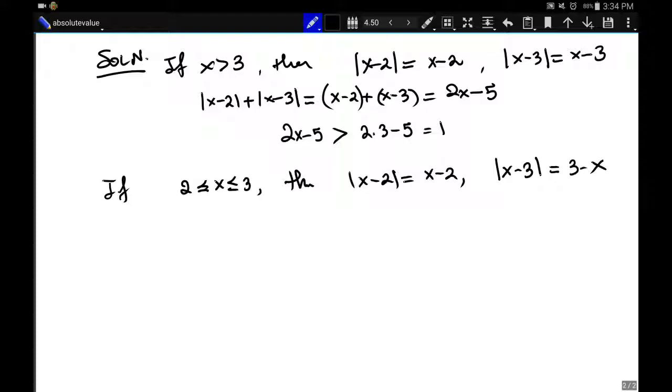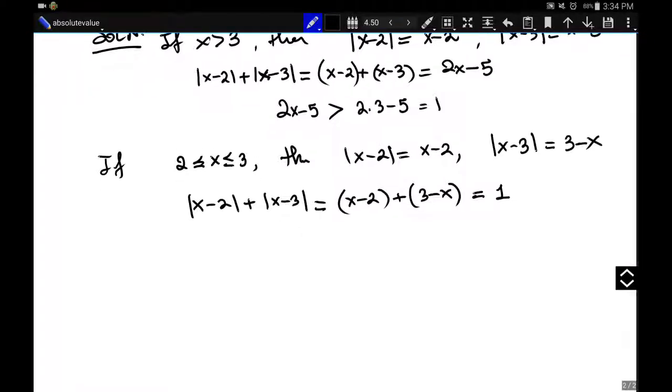When x is less than 3, x − 3 is negative, so it makes sense. So when we add, we get x − 2 plus 3 − x, and the x cancels. So this is exactly 1. For any value between 2 and 3, indeed when you plug in 2, this becomes 1. When you plug in 3, this becomes 1 plus 0. Anything in between will give you 1.